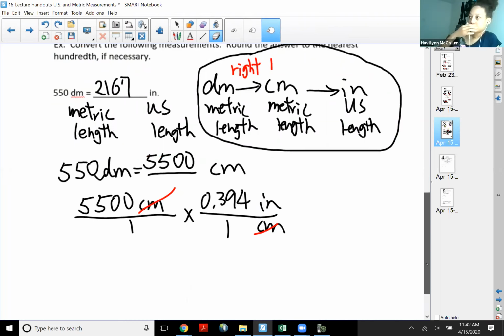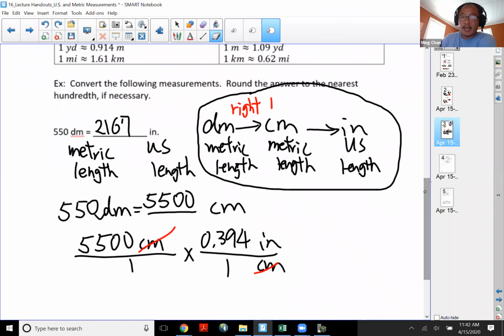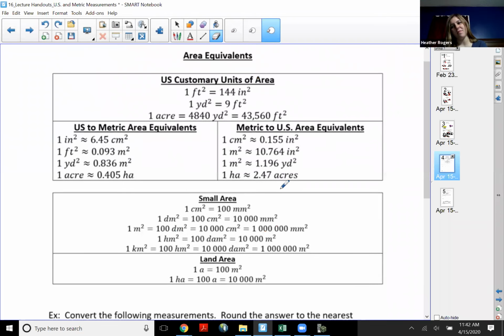All right. So based on the information given on the table, can I work my way through the entire process? This chart, you have to be very careful here. There are several things going on. On the top right here, these are US area converting to US area. See the units: square feet, square inch, square yards.